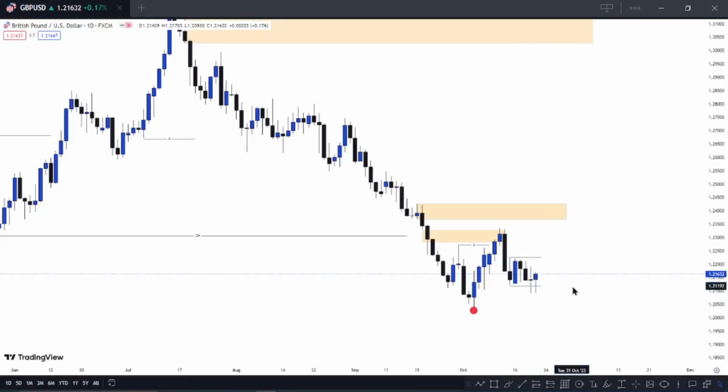Can you see that? Throughout last week, price only ranged between the high and low of this master candle. Monday's price action was inside the high and low of this master candle. Tuesday, the same thing. Wednesday, the same thing.